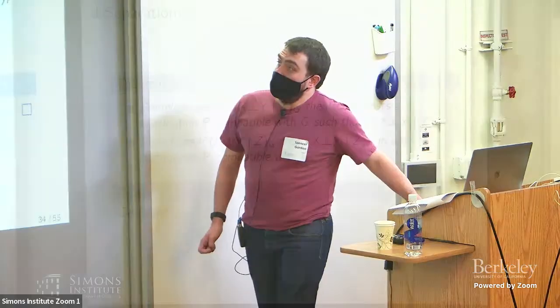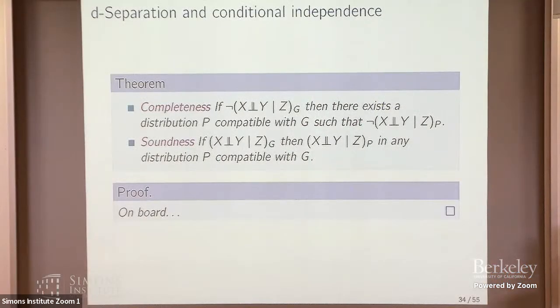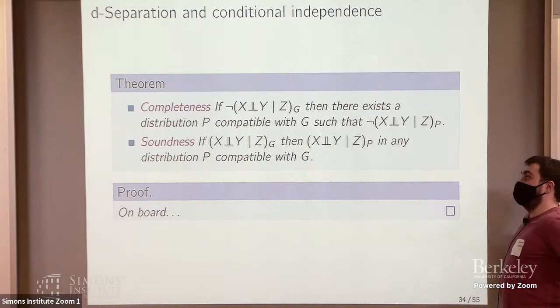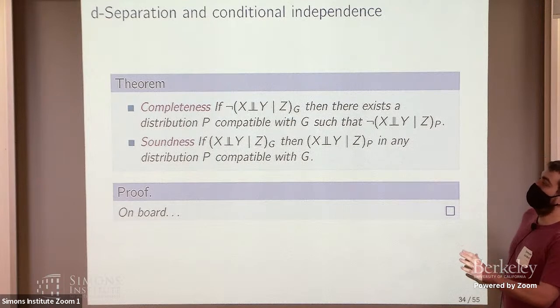And so this comes in the form of a theorem that has two parts, which I described earlier, but I'll remind you. So completeness and soundness, and these are my terms for them, and I'm not totally sure how standard they are.